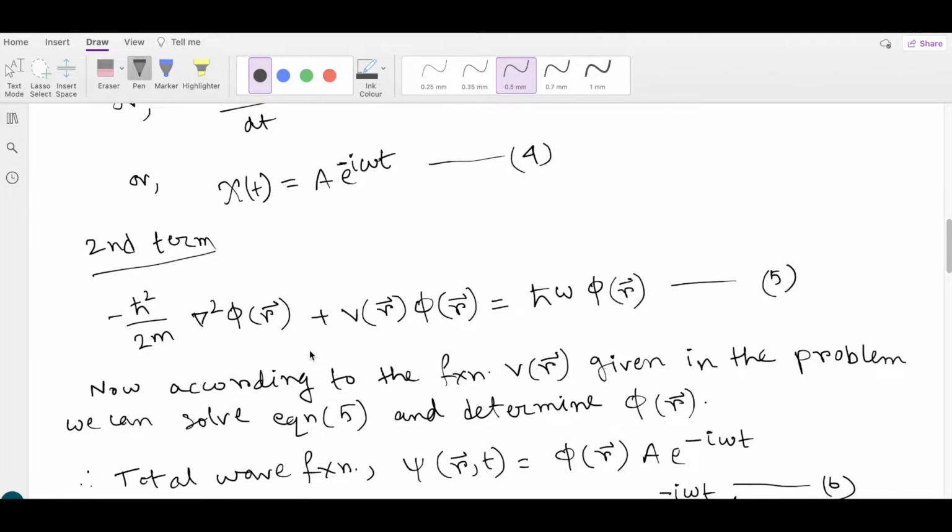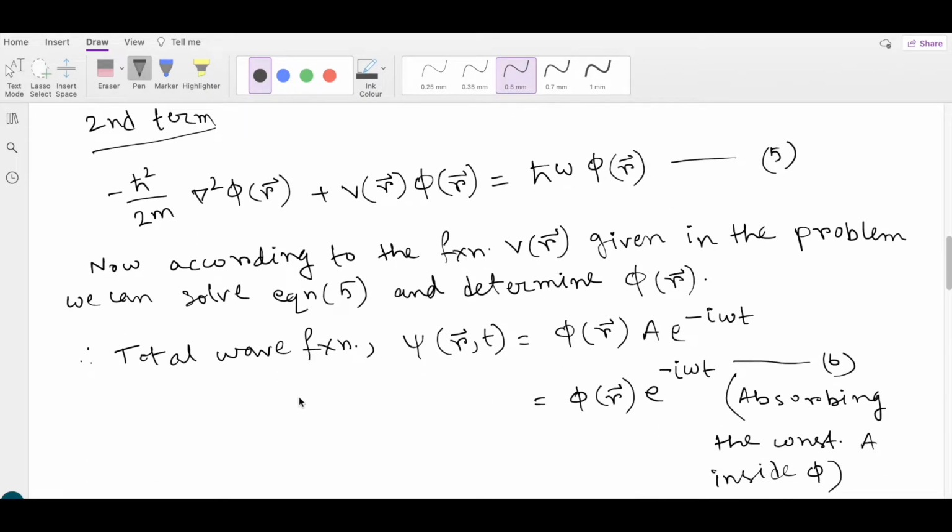The second part gives −(ħ²/2m)∇²φ + Vφ equals ħωφ. This equation is only dependent on the variable r. Now according to the function V(r), we can solve it depending upon the problem, and we can get φ(r).